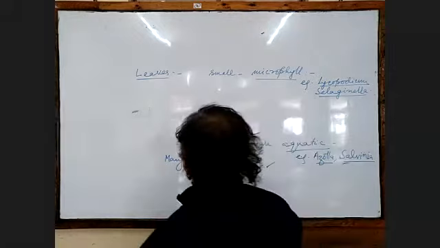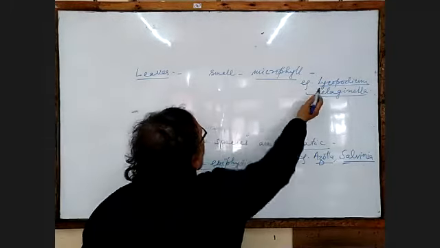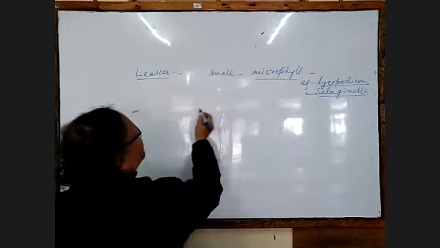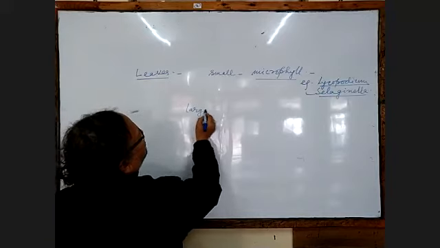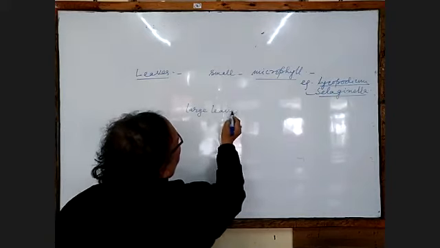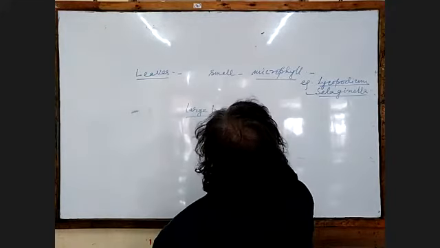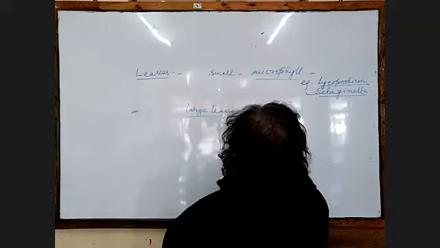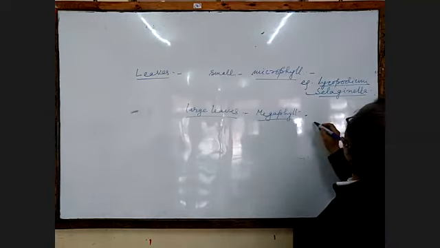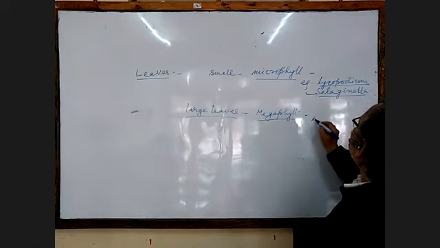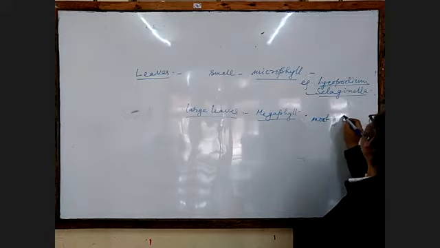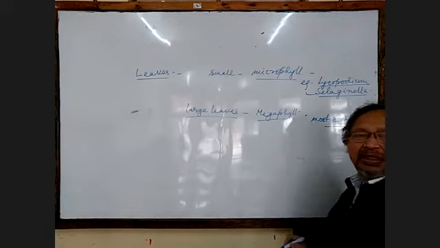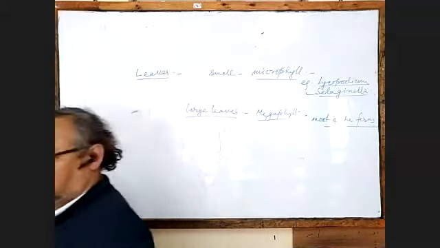These are microphyllous plants, and others are large leaves, pteridophytes with large leaves. They are called megaphyll or the megaphyllous species. This is most of the ferns. They are megaphyll, large leaves.